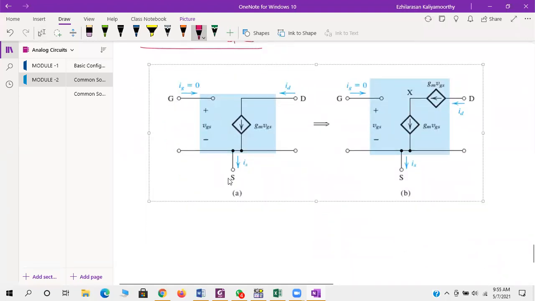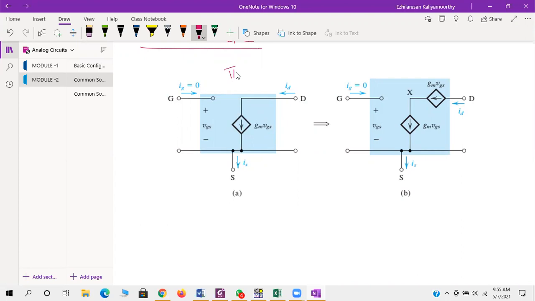As we know, this is the normal MOSFET, and this will be your pi model, right? The equivalent circuit of the MOSFET in the small signal model, this we all know. So G, then VGS, here the drain. Here is the voltage dependent current source, the dependent current source.